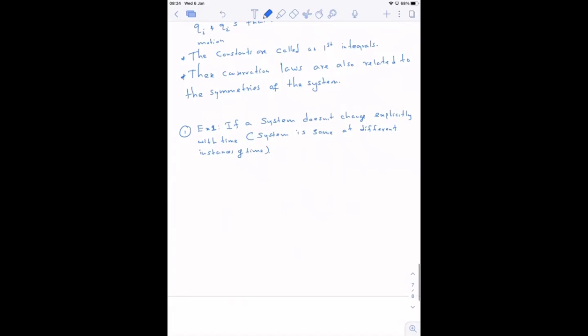Let's say you have this Lagrangian, which is a function of q_i's and q_i dots and t as a function of time. If the system doesn't change explicitly with time, what is the answer for partial L over partial t?